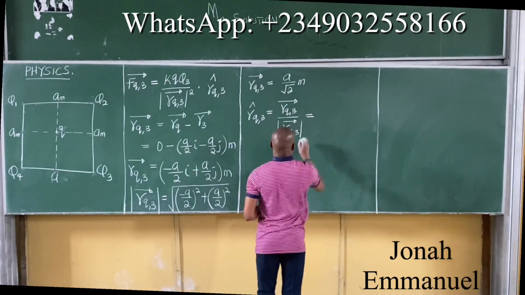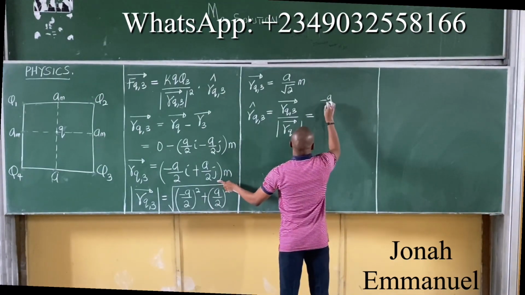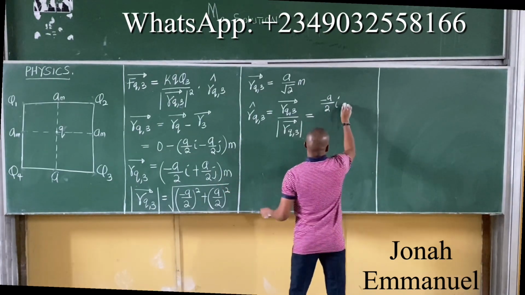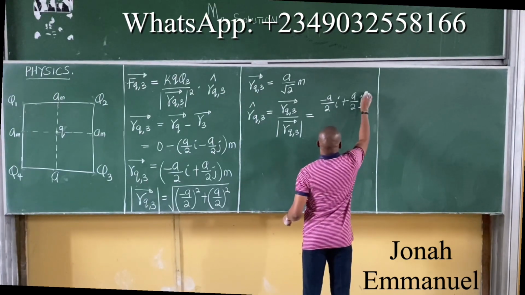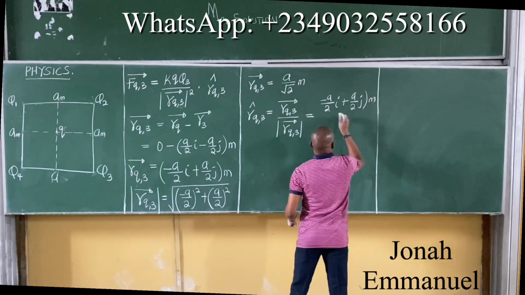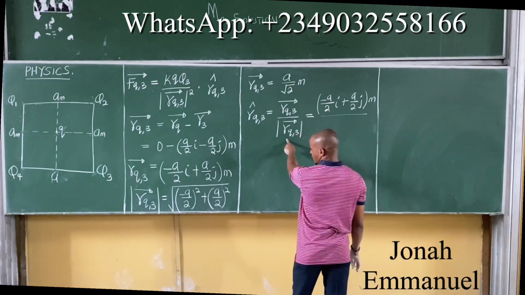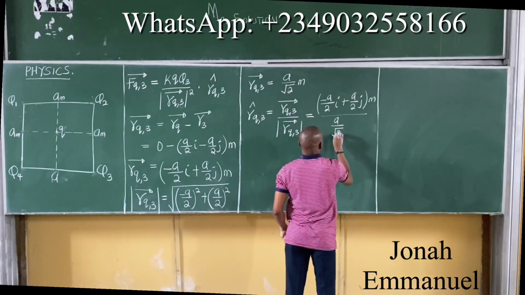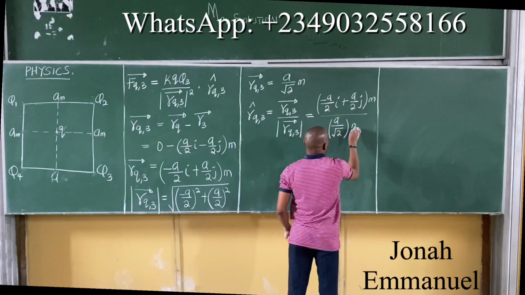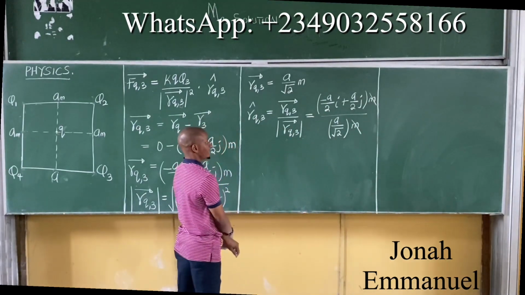And that's equal to the position vector, this one here, minus A over 2 I, next up plus A over 2 J, all in meters. This one there, all over the magnitude of this, which is this. That becomes A over root 2, all in meters. This will cancel this, so it's up.